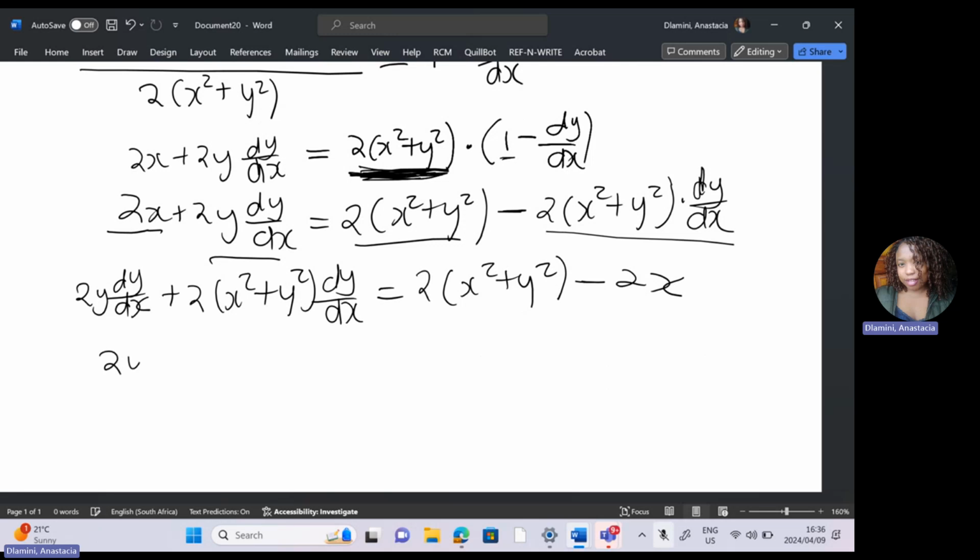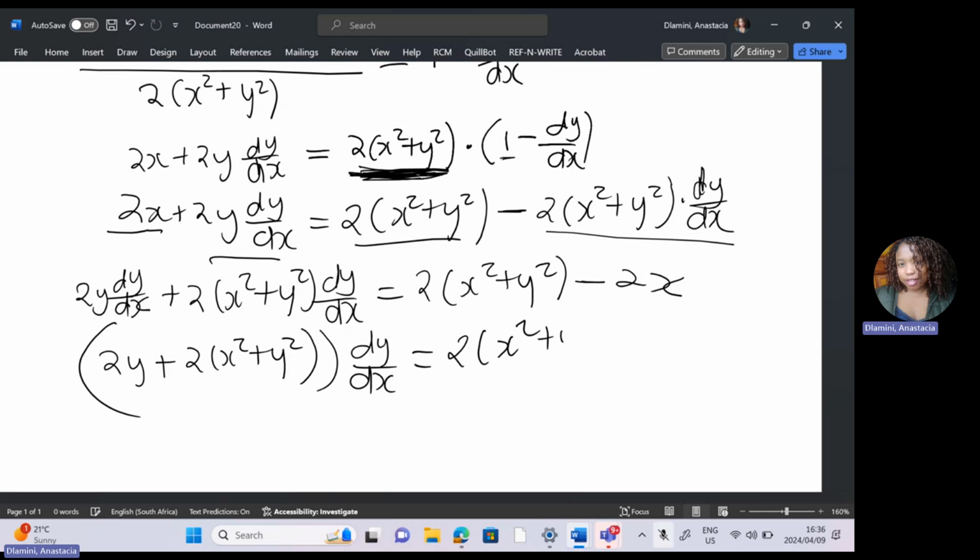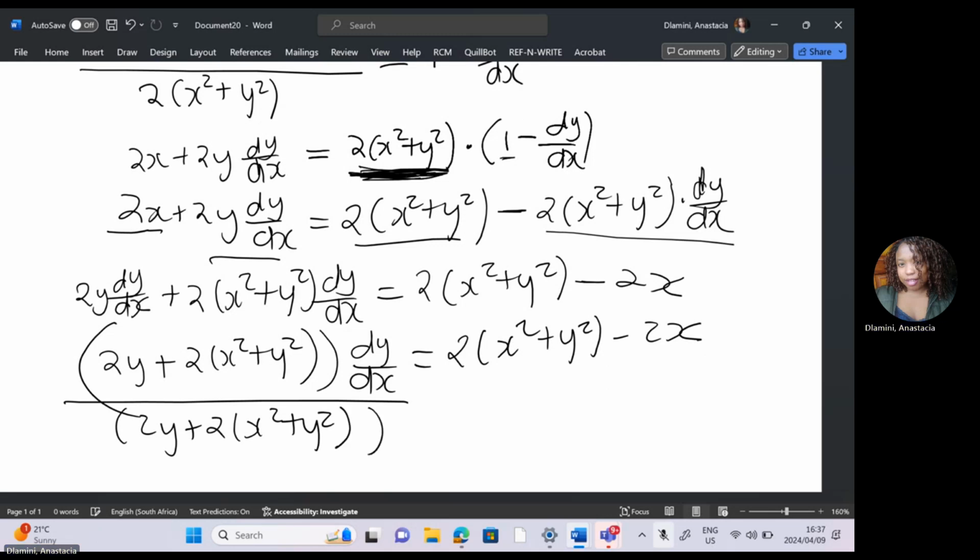So we have 2y plus 2(x squared plus y squared) times dy over dx, equals 2(x squared plus y squared) minus 2x, divided by 2y plus 2(x squared plus y squared). And what you do on your left, you do on your right as well.